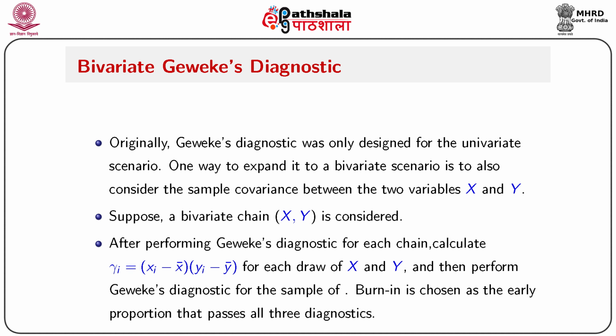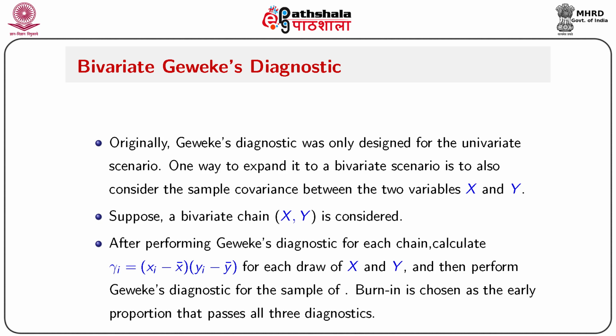Originally, Geweke diagnostics was only designed for the univariate scenario. One way to expand it to a bivariate scenario is to also consider the sample covariance between the two variables x and y. Suppose a bivariate chain x and y is considered.